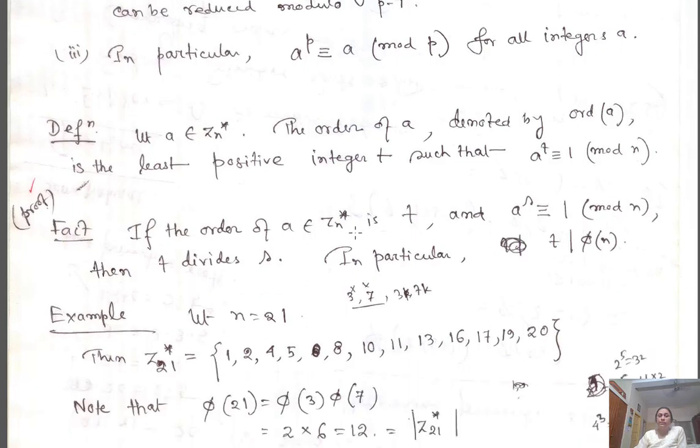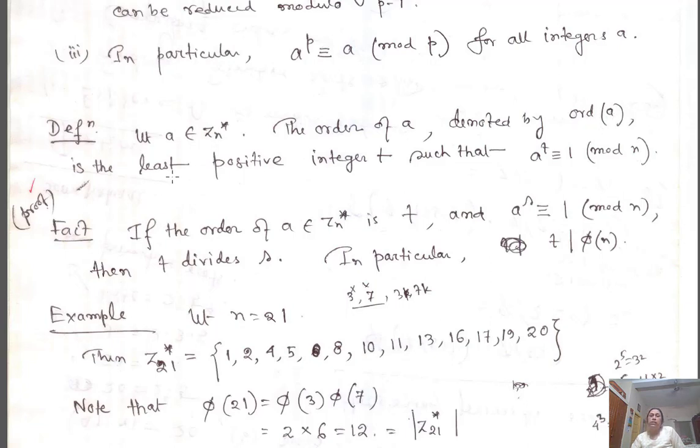Okay, and a belongs to Zn star. We define the order of a as the least positive integer t such that a to the power t is congruent to 1 modulo n. For any a in Zn star, we denote it by order of a, sometimes with n in the suffix, order of a modulo n.